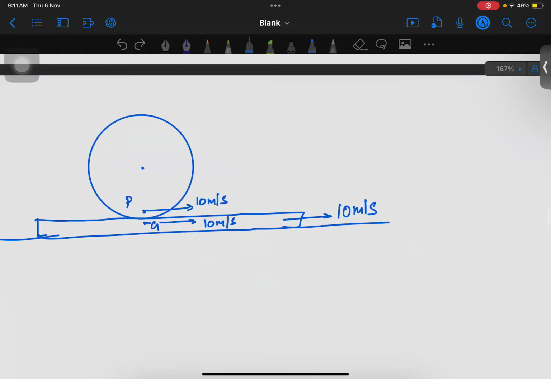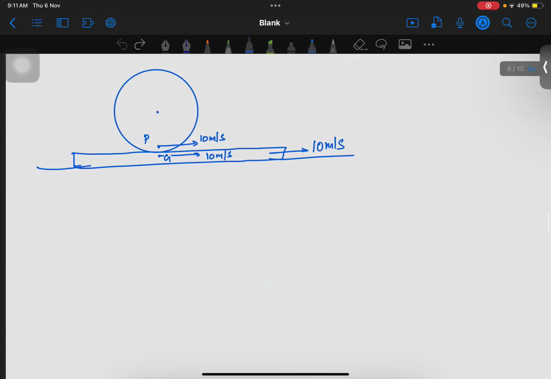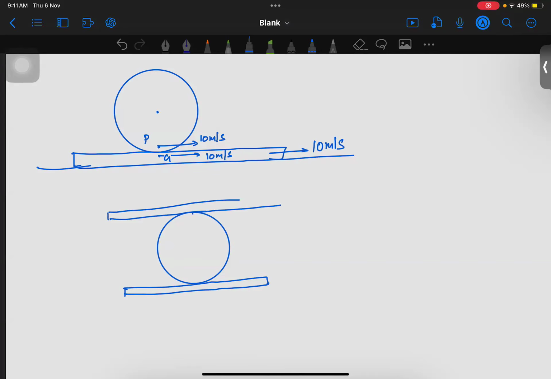Fine. Not only is this true, you could have another case where you have a circular bounded object rolling in between two planks in this way.